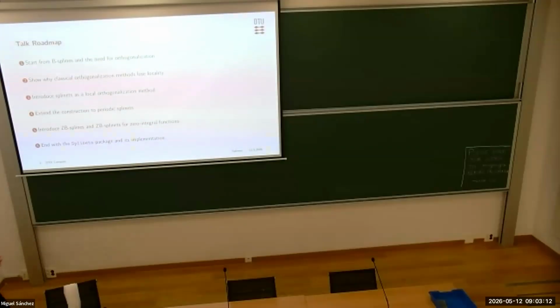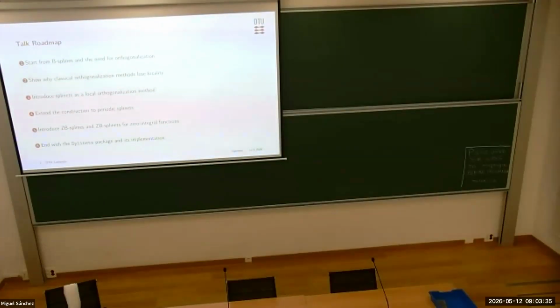And when we started, okay, let's find what people do in functional data and how can they orthogonalize those B-splines. So we started to find how can one orthogonalize B-splines. And then we found that, I will go through that, the classical orthogonalization is somehow missing something. We didn't like it.